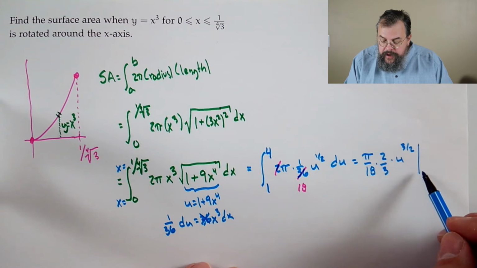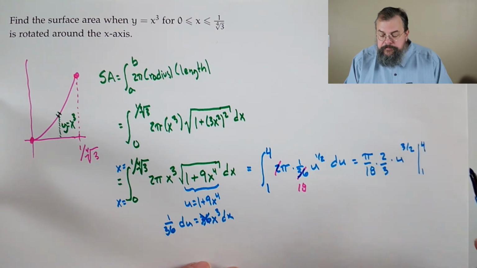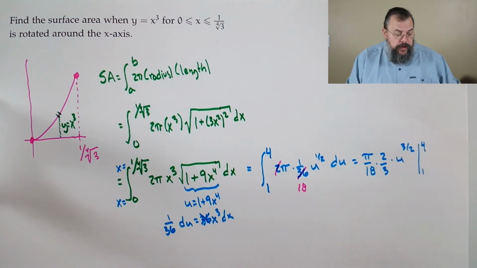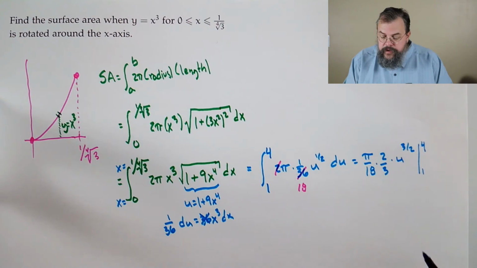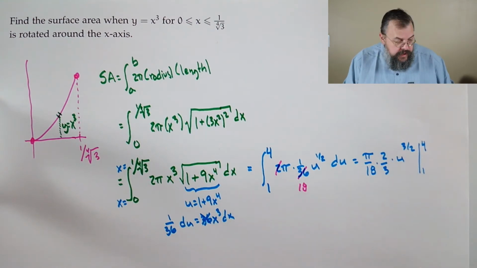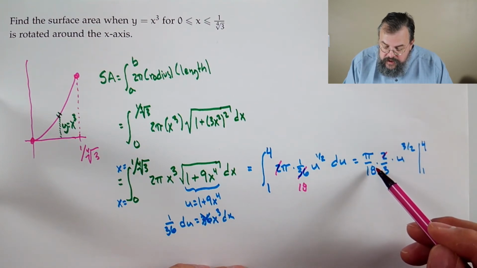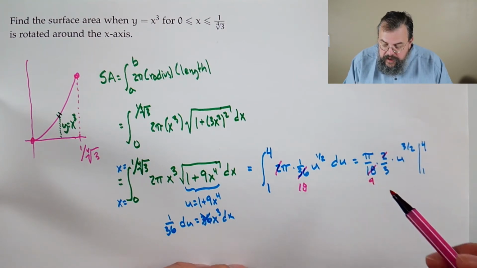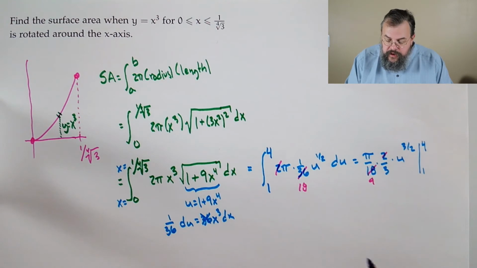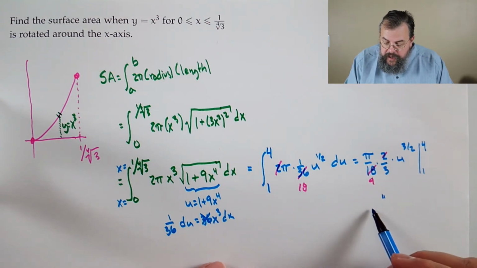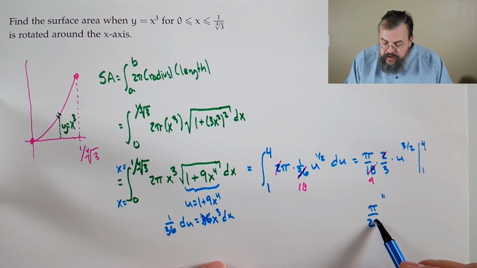And we're going to evaluate from 1 to 4. All right, we can do some more cancellation. There's another 2, and there's an 18, so that's now a 9. So we are up to saying that this is pi over 27.